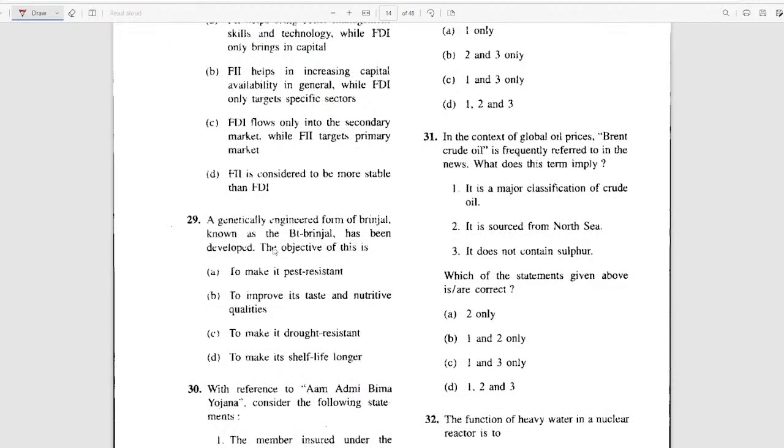Next, the 29th question is, a genetically engineered form of brinjal known as Bt brinjal has been developed. The objective of this is, why do we use genetically modified crops? Why is it important? Then read about Bt brinjal and the organizations or institutions that look after this biotechnology related stuff, the regulations part.